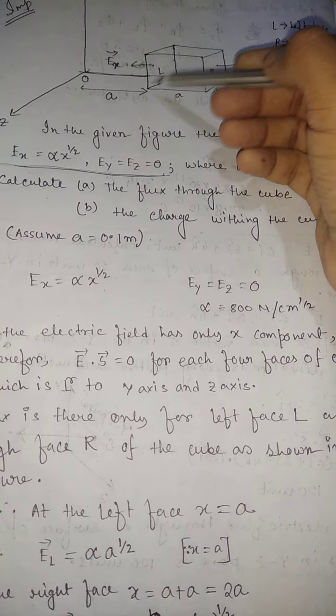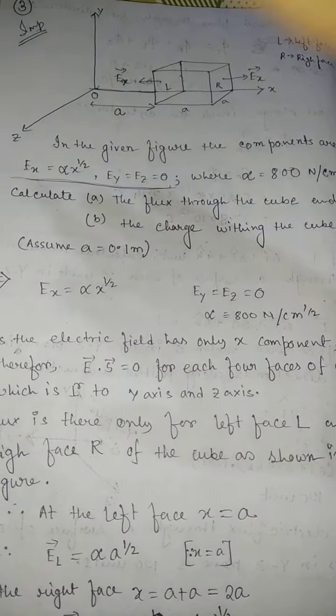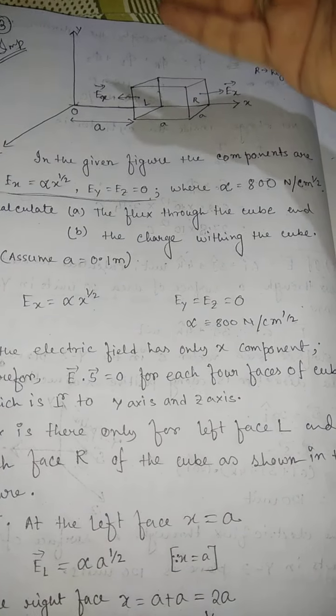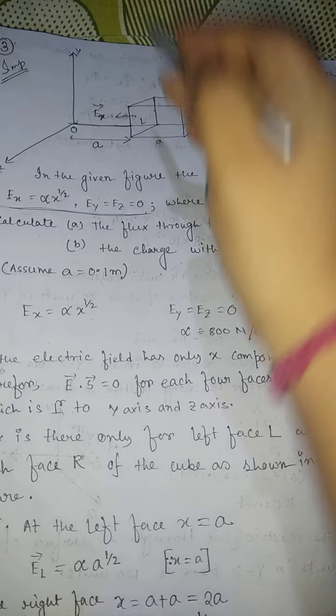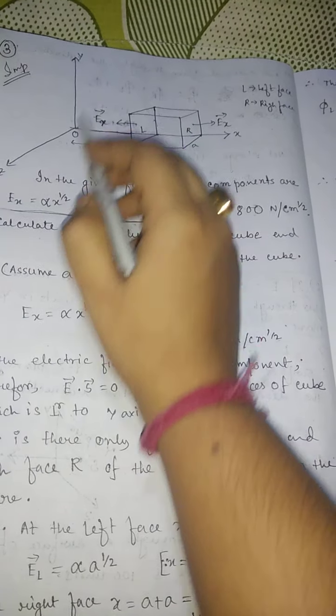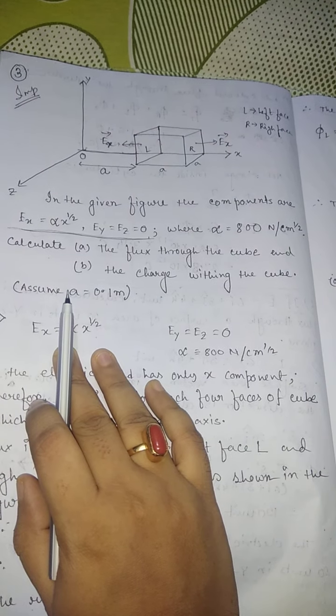That means this front face, upper face, back face and the bottom face. 1, 2, 3, 4.